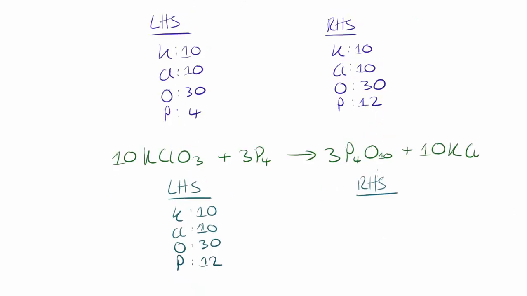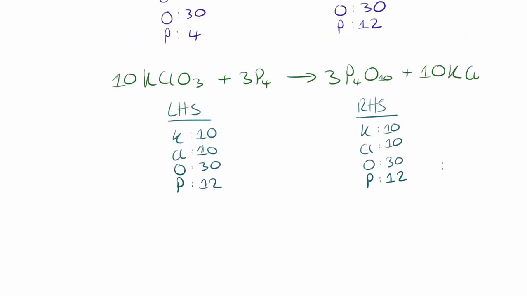So that's going to be 10, 10, 30, 12. So if we now compare the left hand side and the right hand side, as you can see, we've got the same number of occurrences of each of the elements, right?